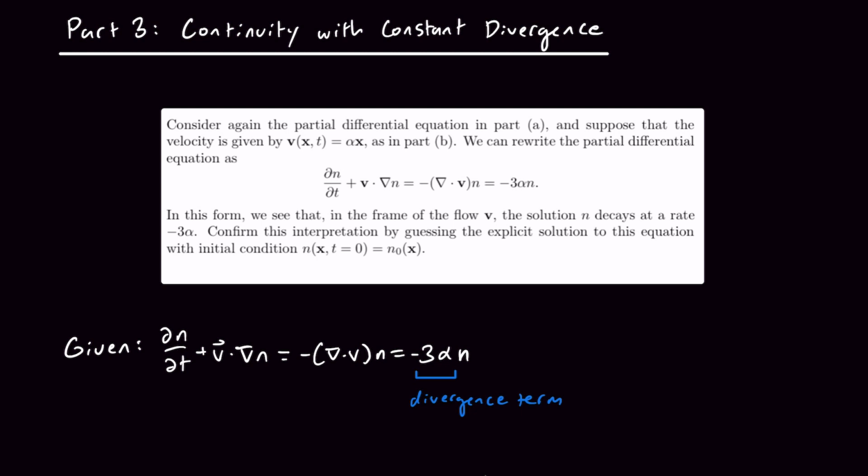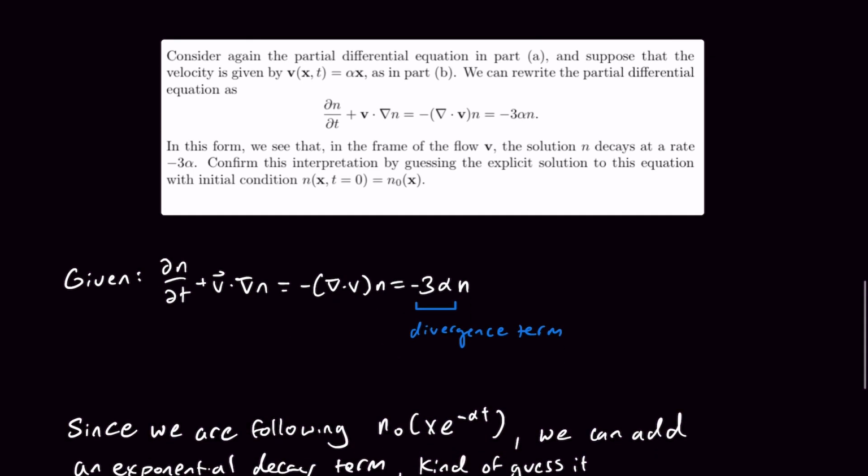So we don't have to prove that the continuity is -3 alpha n, but it does help to show why that is. So if you look at the divergence over here, this is going to be del dot v of n.